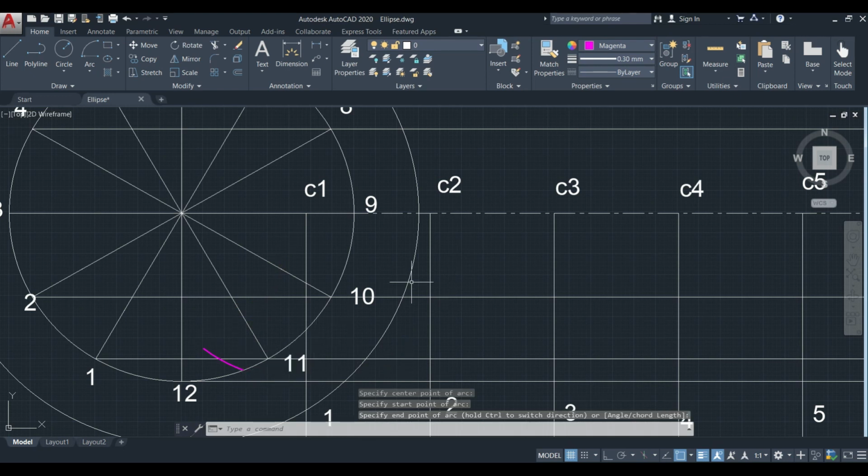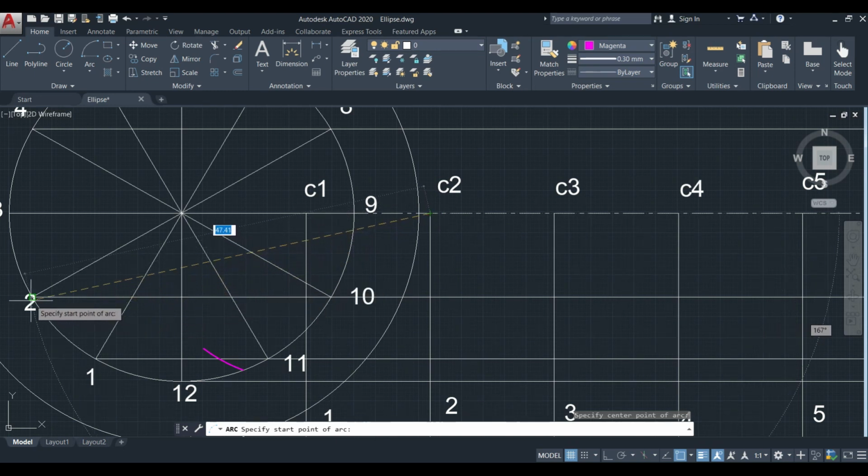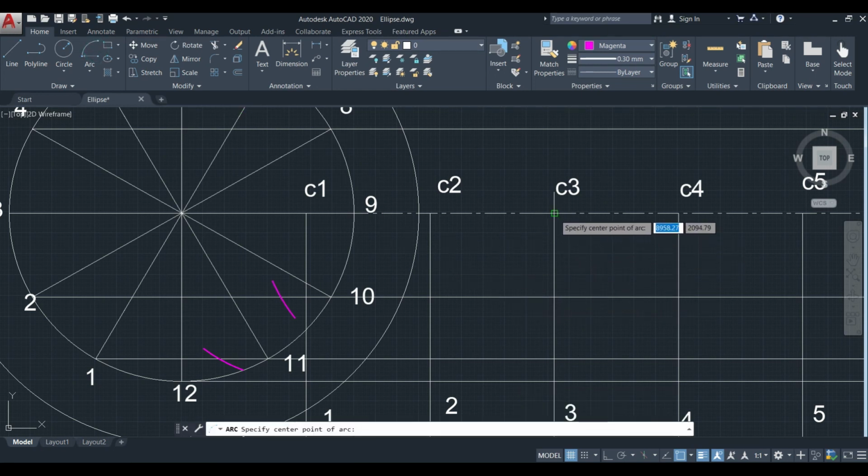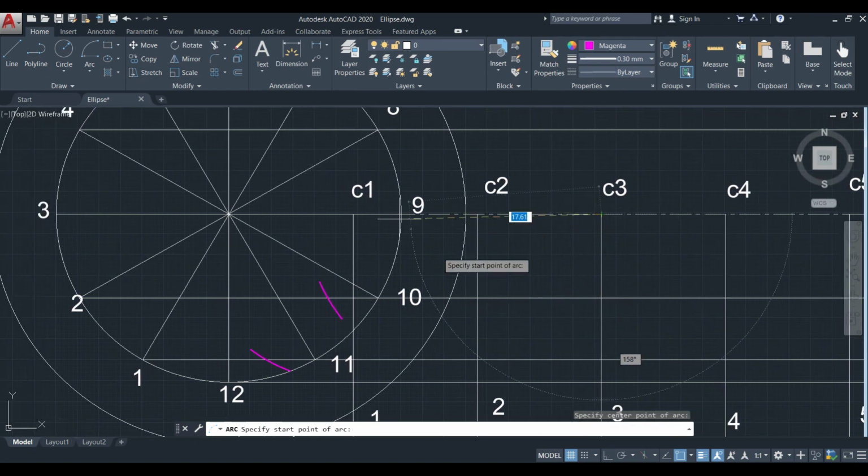Now with the same radius of 20 mm, we have to draw another arc with the center C2 on the straight line connecting 2, 10 here. Then with the center C3, we have to draw another arc with the same radius of 20 mm on the third line, which is the line passing through 3, 9, the central axis line.